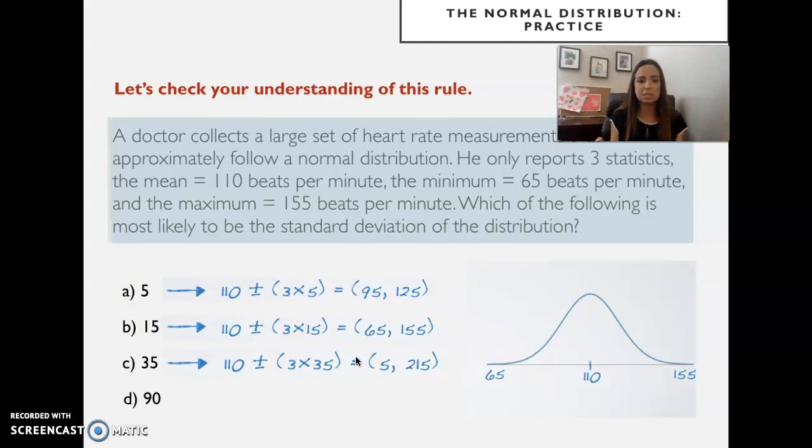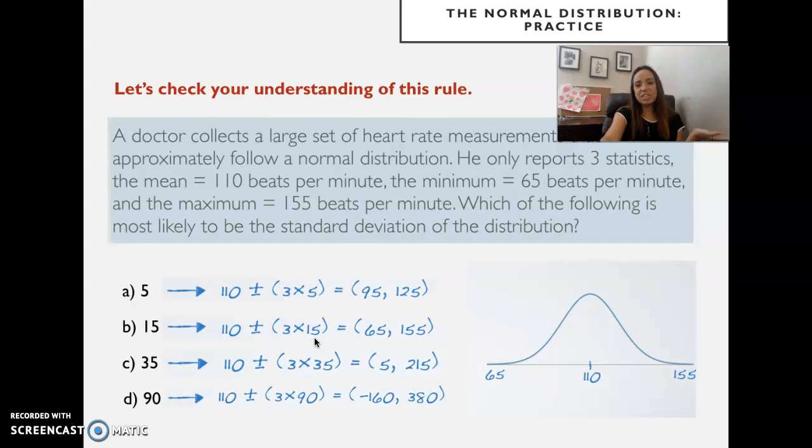That would not be the expectation if you have a normal distribution. Again, 100% of the data, more or less, should fall between the mean plus or minus 3 standard deviations. So if I replace the standard deviation with 15, that gives me the range of the data. That indicates the range that includes 100% of the data. So that's why this looks like the correct answer.